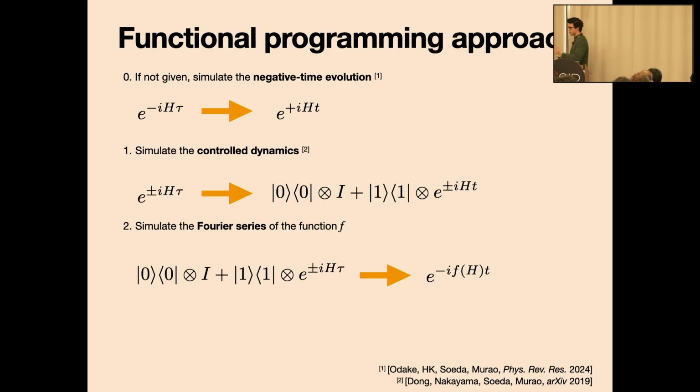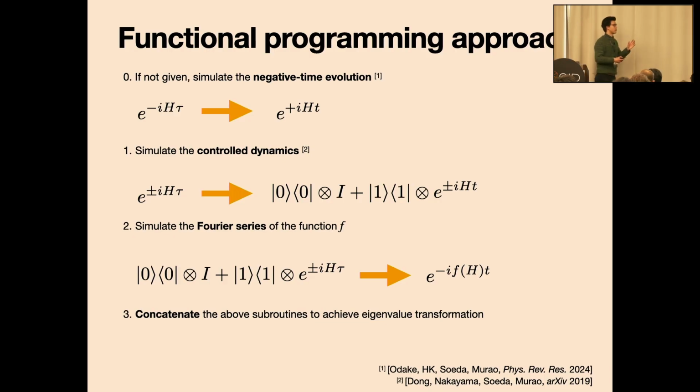So the total algorithm is the following: we concatenate steps 0, 1, and 2 to get something that goes from just the time evolution dynamics, without any additional information, no control, nothing, to the transformed Hamiltonian dynamics, which is itself also given as a black box.